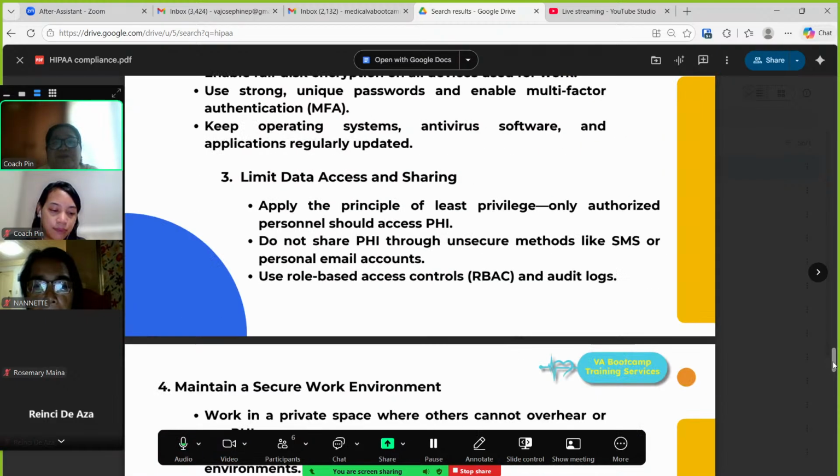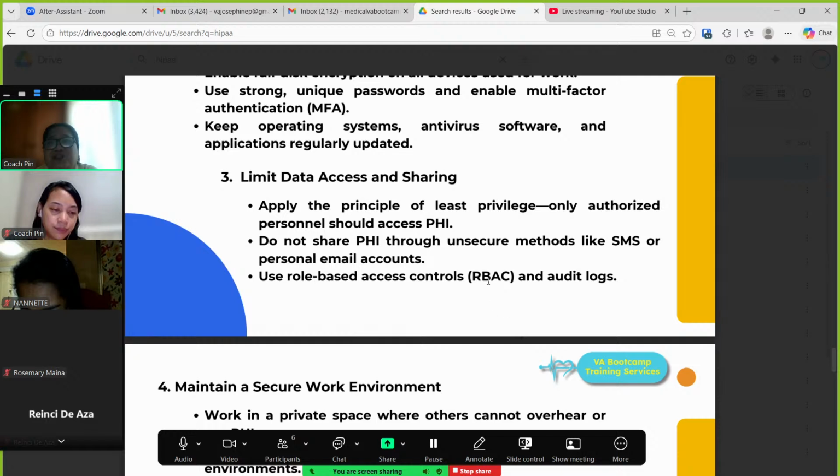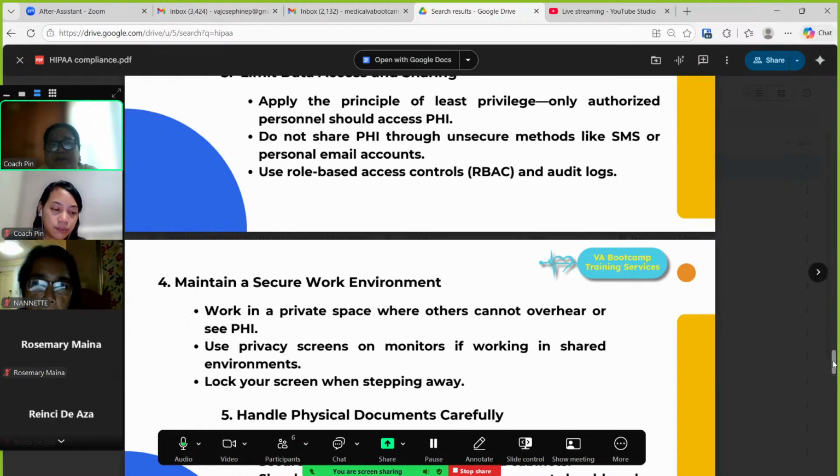Okay. That is why I always remind you, right? Whenever you will use our username and password, our credentials, you are not allowed to share it to anyone that is not related to the company. Okay? Apply the principle of least privilege. Only authorized personnel should access PHI. Do not share PHI through unsecure methods like SMS or personal email accounts. Okay? Those are very important.